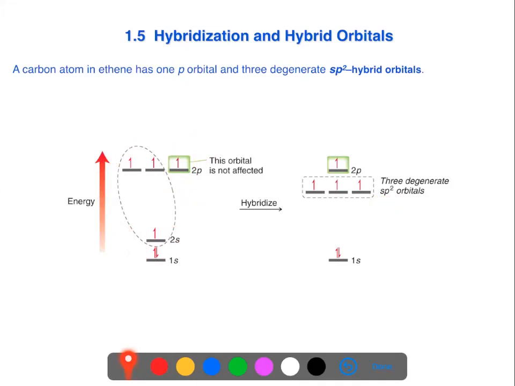So it's available for forming other types of bonds, specifically a pi bond, which is part of our double bond. So the hybridized picture for ethene is that upon hybridization, you have 1 p orbital that is left unchanged. So we have 1 p orbital available, and as a result of mixing the s and the 2 p's, we end up with 3 sp2 hybridized orbitals.